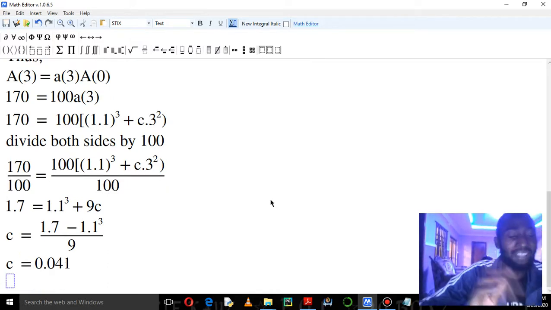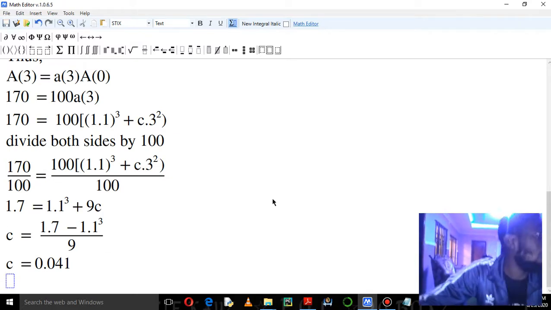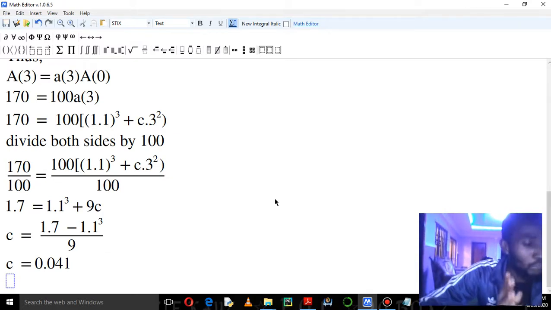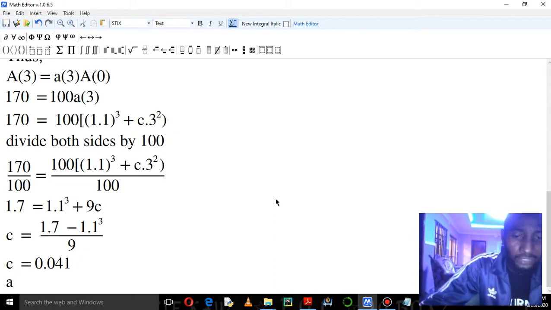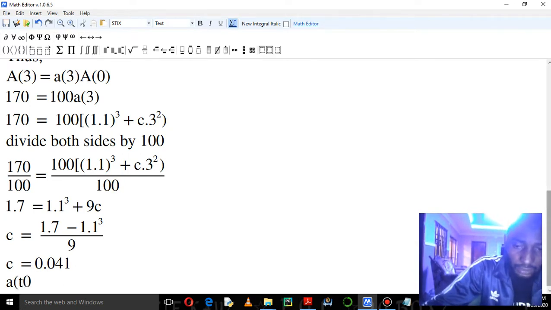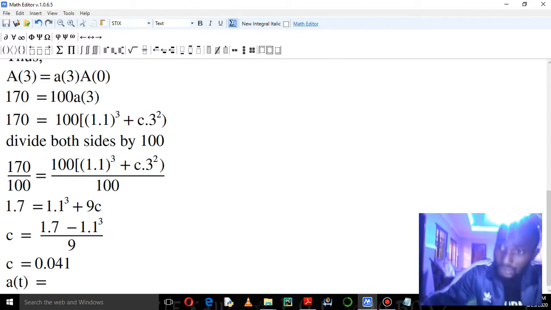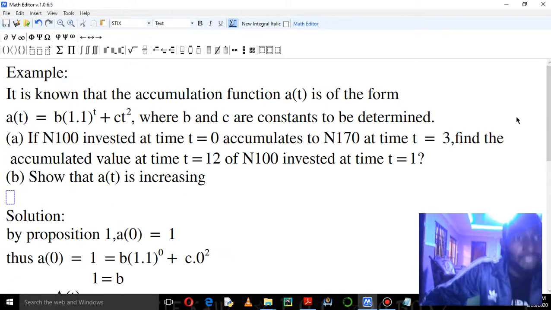So we've gotten our c and we've gotten our b. So now our accumulation function is A of t. Do you understand? If we go through this accumulation function we were given, b 1.1 raised to power t plus c t raised to power 2.